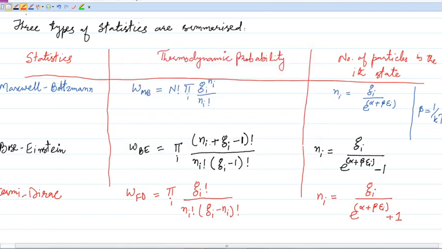One more point you have to remember here is that both Bose-Einstein and FD statistics basically reduce to MB statistics. Very important.